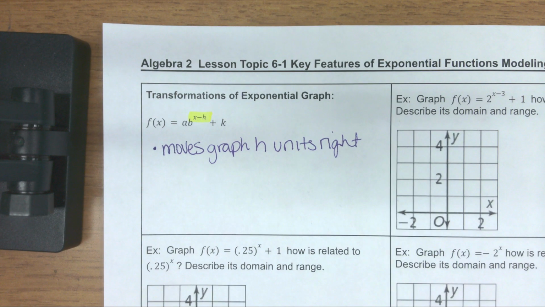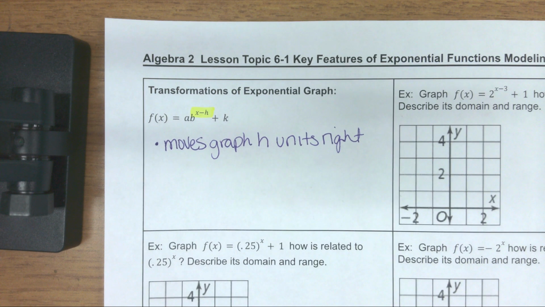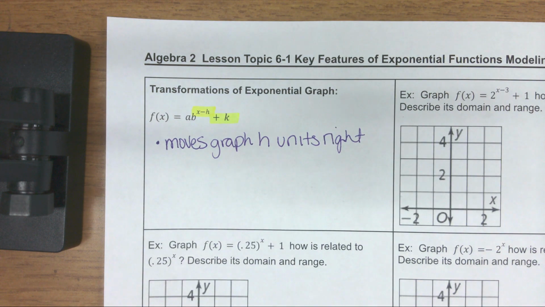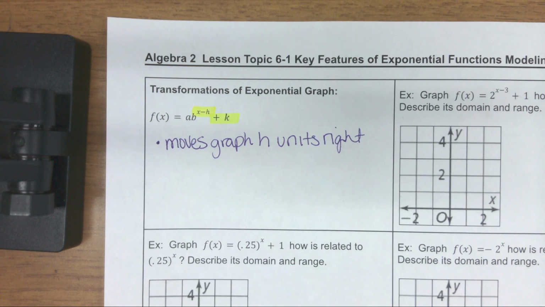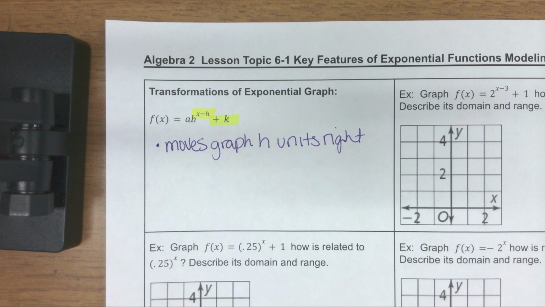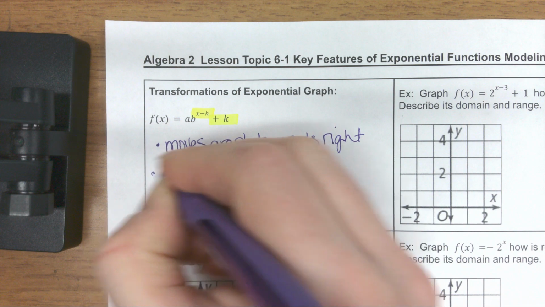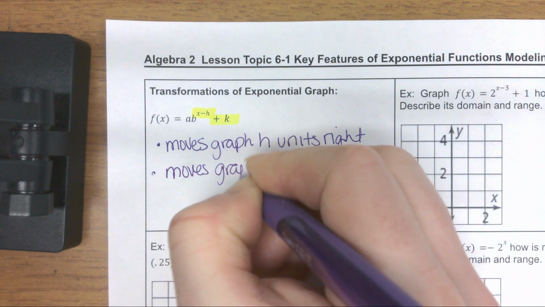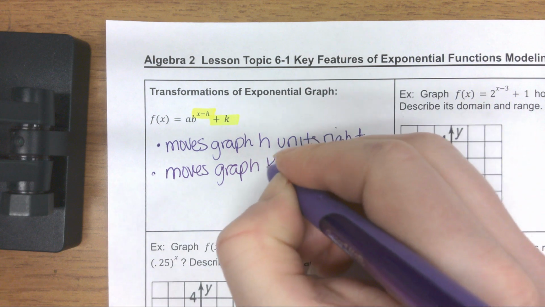Okay, I'm not going to write that down, I'm going to assume you know that. Then the second transformation is this plus k right there. Yesterday I had you do some, you just tabled them. That moves a graph k units up.